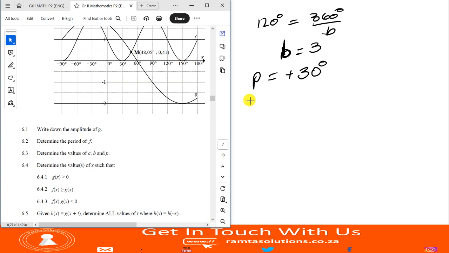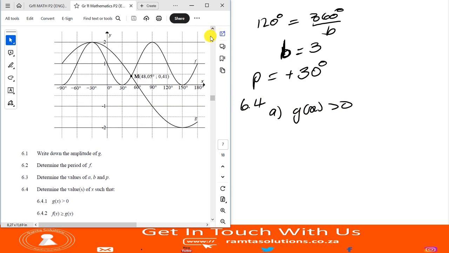Now let's look at 6.4. We're going to look at number A. It says g of x is greater than 0. What does it mean? G of x is greater than 0 basically says this function is above the x-axis. So where's g? This is g. Where is it greater than 0? Remember, g is a y value. Where do we find its y values greater than 0? As you can see, when x is greater than negative 90 degrees until 60 degrees, not touching them.